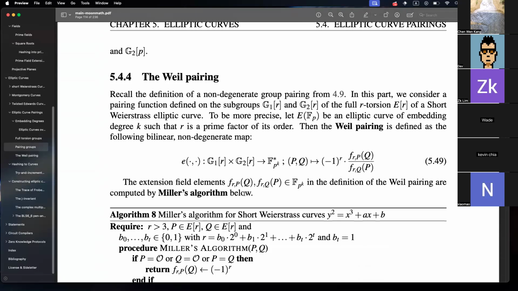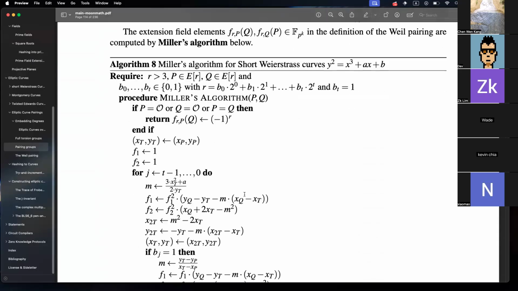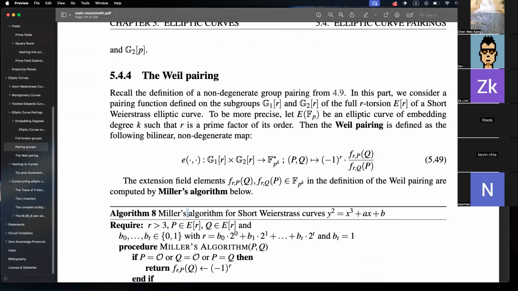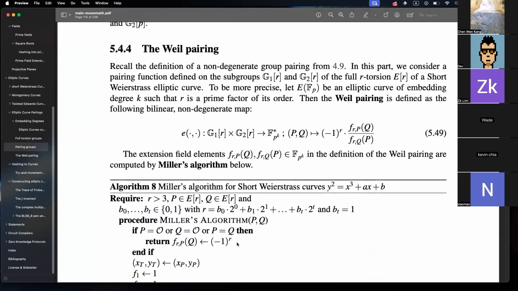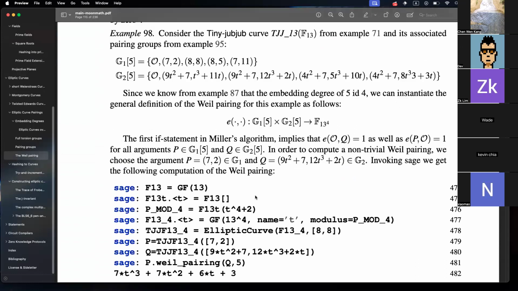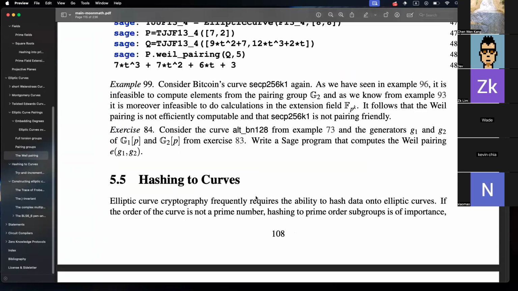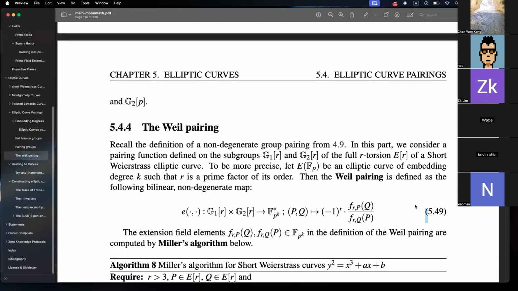Any questions here? There's the Miller's algorithm. There's pseudocode here, so you can also try to implement this and play with it.